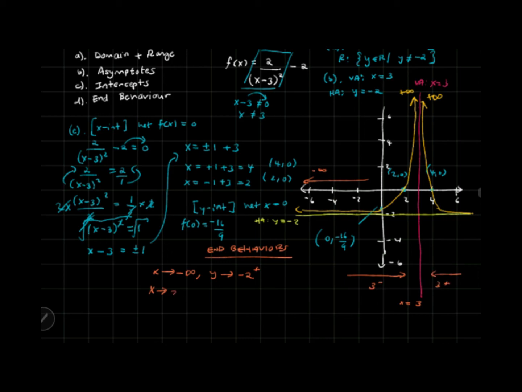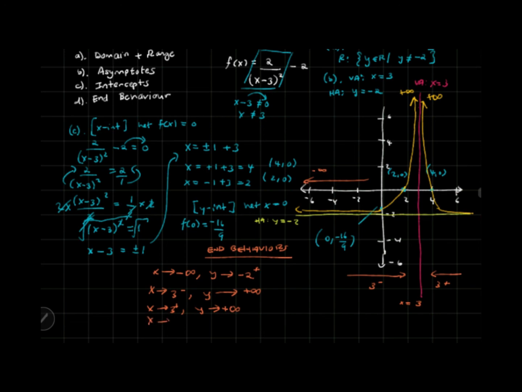If we approach the vertical asymptote from the left side, you can see that if you follow the trace, y gets closer and closer and extends all the way to positive infinity. As x approaches 3 from the right side, you can notice that y is also approaching positive infinity as well. So as we go this way, y will get higher and higher all the way to positive infinity.